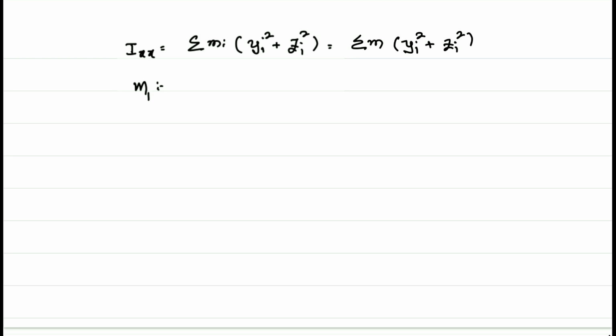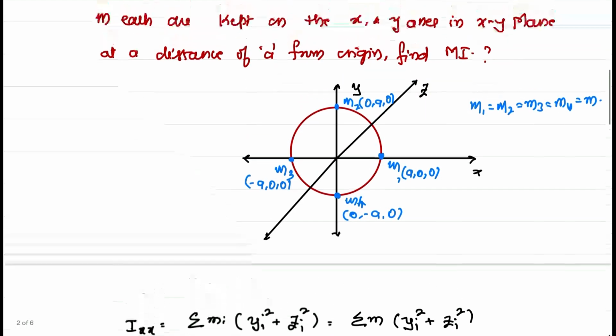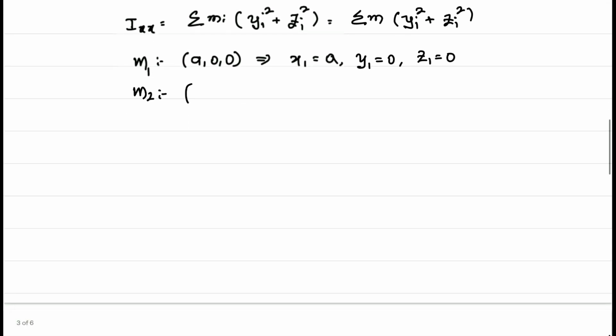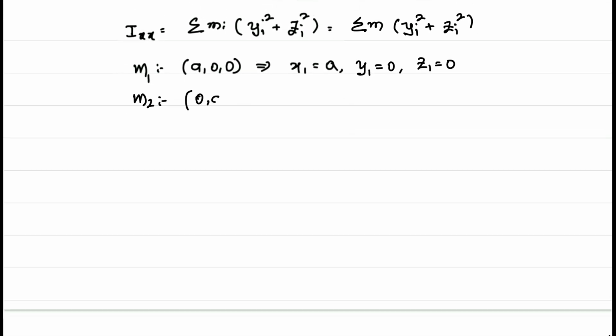M1 is kept at (A, 0, 0). That implies x1 is equal to A, y1 is equal to 0, z1 is equal to 0. M2 is kept at (0, A, 0), from the diagram we have assumed. So x2 is equal to 0, y2 is equal to A, z2 is equal to 0.